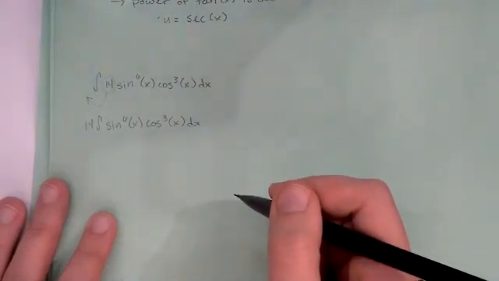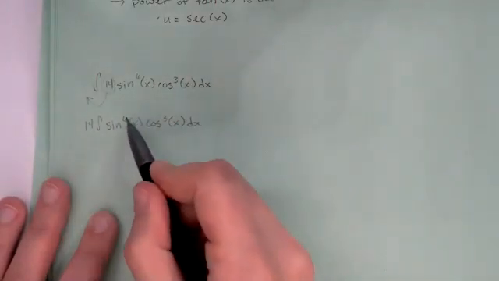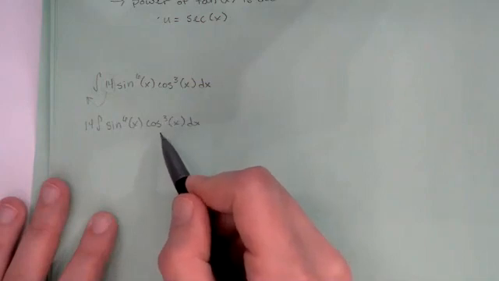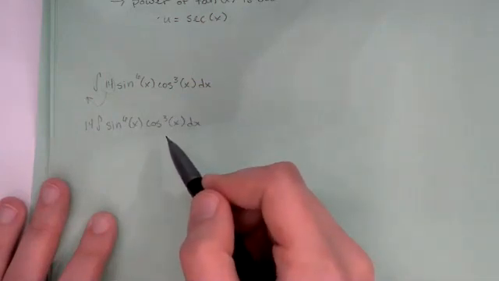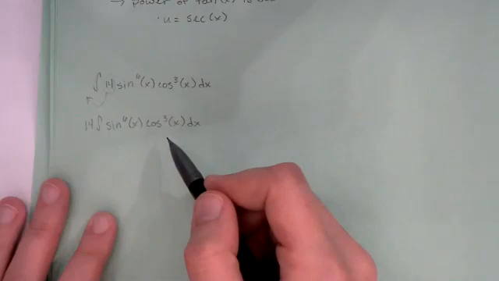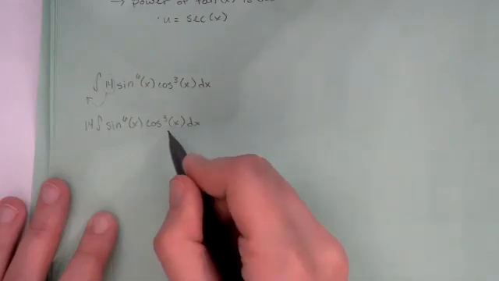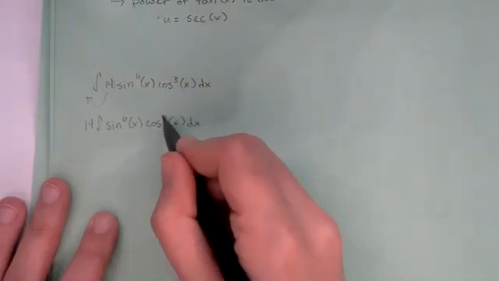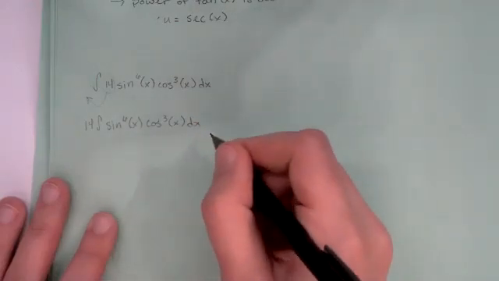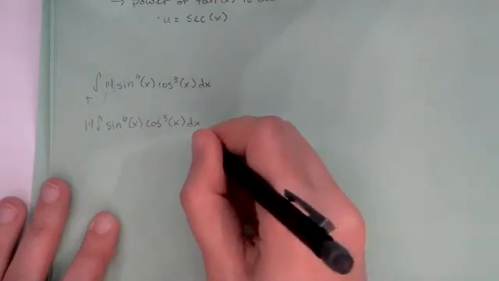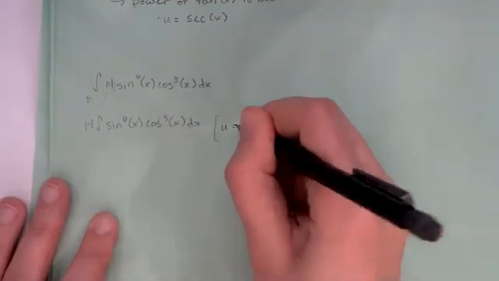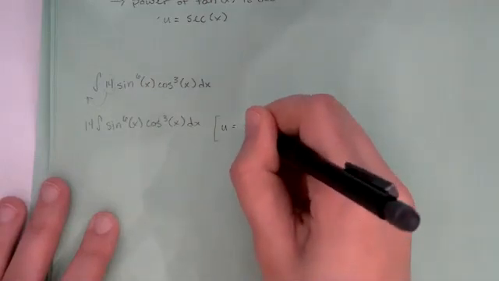And here we see that we have an even power in sine and an odd power in cosine. So we know that we don't need to use our half angle identities. If we're looking for which one has the odd power, our cosine is going to have the odd power. And so if cosine has an odd power, our u is going to be equal to sine of x.